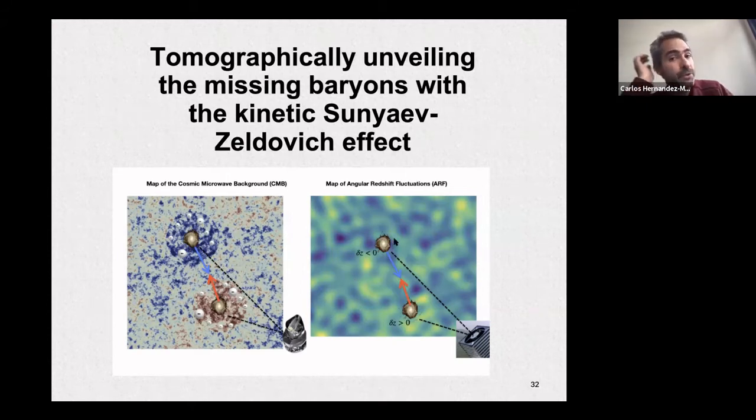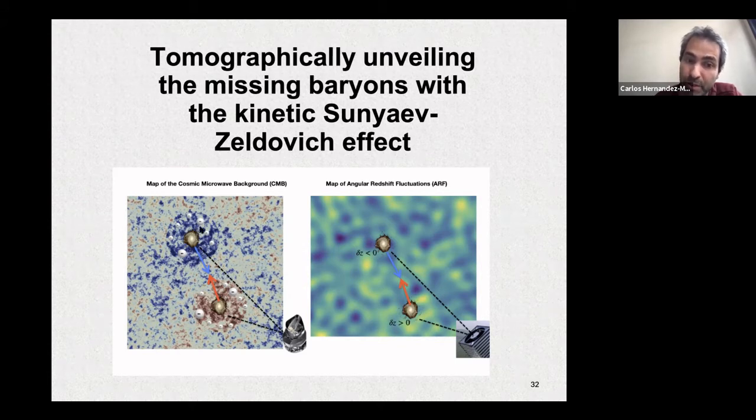Now, many of you are familiar with the kinematic or kinetic Sunyaev-Zeldovich effect, which is just related to the fact that moving electrons scatter the CMB photons and induce some momentum to the CMB photon field. They do not distort the spectrum to first order, but they do change the intensity, and they do change the measured brightness temperature.